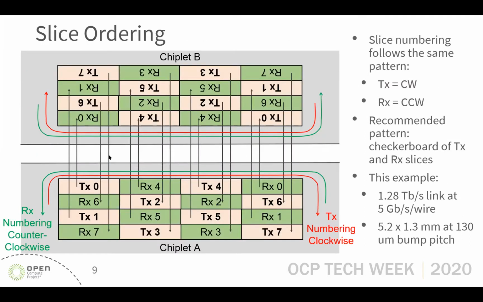So slice ordering takes the same principle: transmit slices are numbered going clockwise around the chip, and receive slices numbered counterclockwise going around the chip.